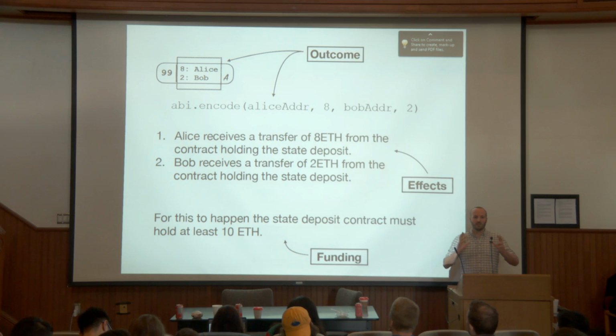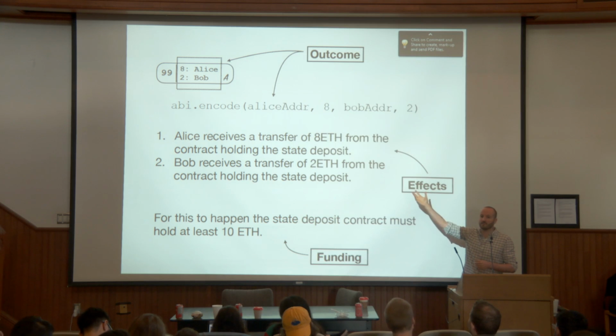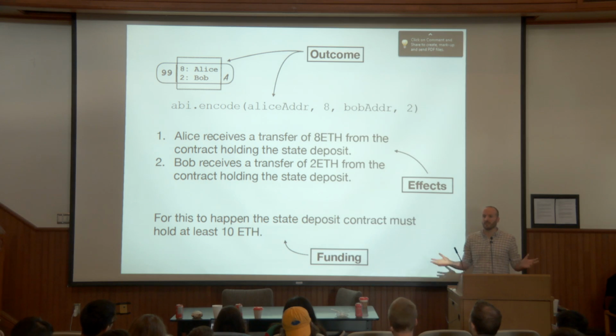So the point here is that the outcome and the funding are separated. Alice and Bob could totally start a channel, start signing things, produce this outcome, maybe even finalize it on chain. But unless they've funded it, unless they've put the money in the adjudicator, it's all for nothing. No funds are going to move on the chain.